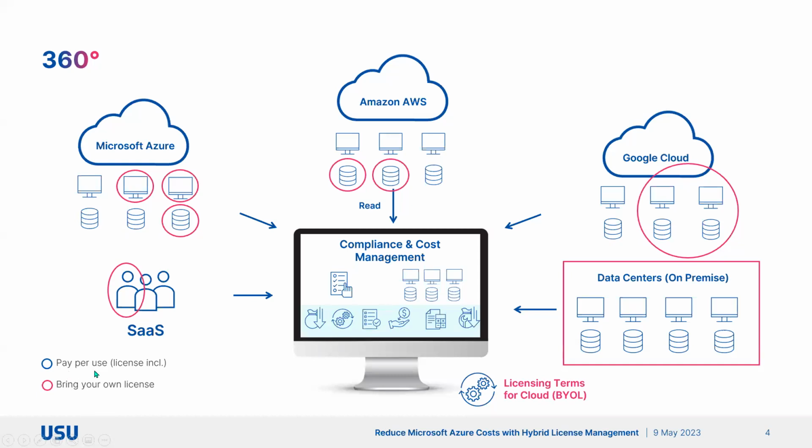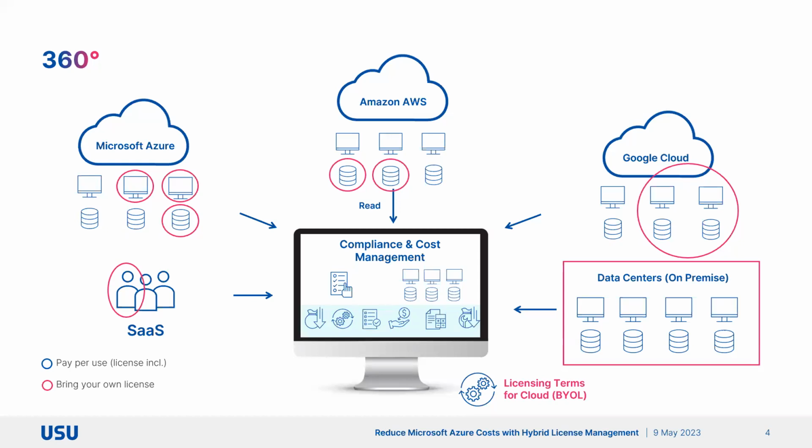I call it pay-per-use, or you might also refer to it as a subscription, pay-as-you-go, license included, whatever. I say pay-per-use versus bring your own license. And that's the important differentiation, which is not trivial, by the way, to get the information: which workload is bring your own license, which workload is pay-per-use.